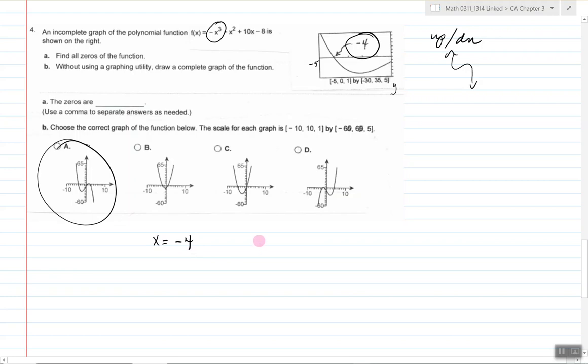And let's depress it. Negative 4 into, the leading coefficient is negative 1, another negative 1, a 10, and a negative 8. It is third degree right now. If I divide it by one of the zeros, I will depress it to quadratic.